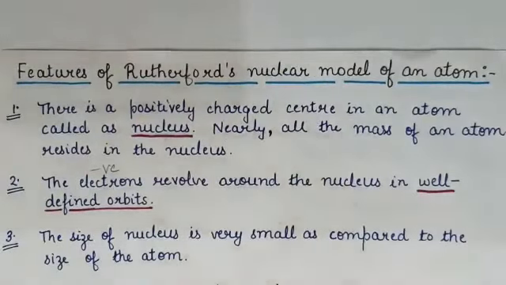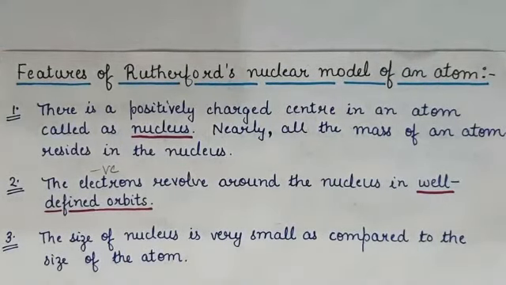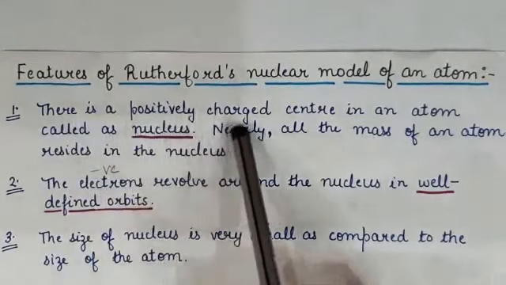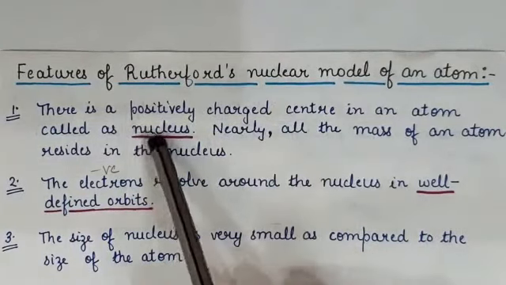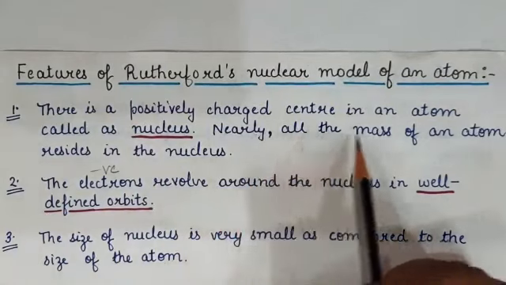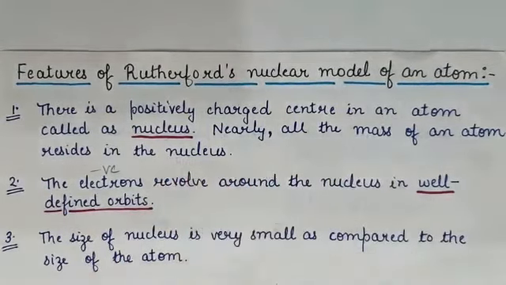Now, what are the features of Rutherford's nuclear model of an atom? Number one, there is a positively charged center inside the atom which is called the nucleus, and nearly all the mass of an atom resides in the nucleus.